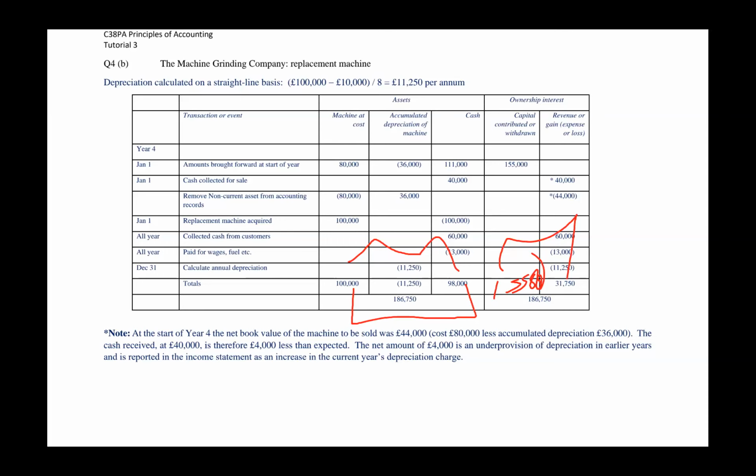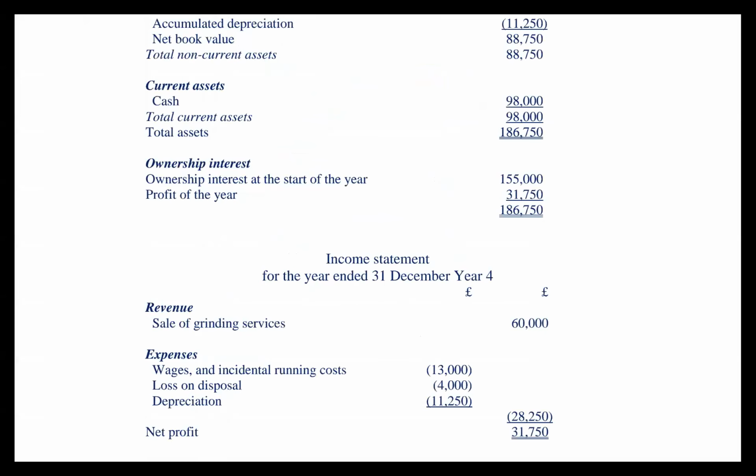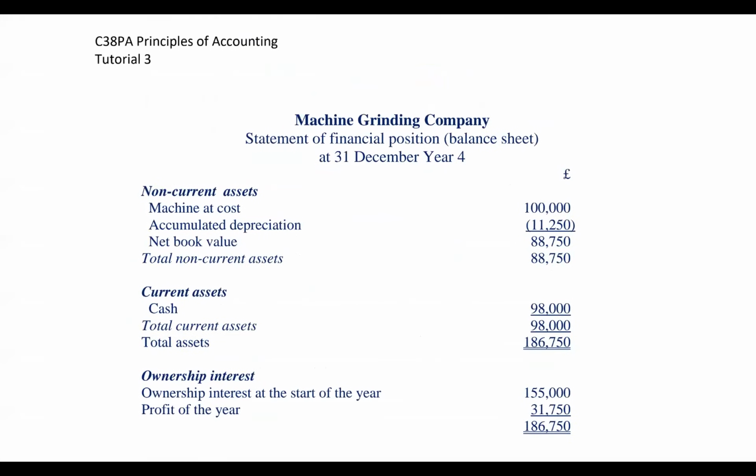Basically, if you have these last figures, then it becomes very easy to prepare the balance sheet and the income statement. The statement of financial position, the balance sheet, is just like this: the cost 100, the depreciation at the end of the year, the accumulated depreciation, then the net book value remains.